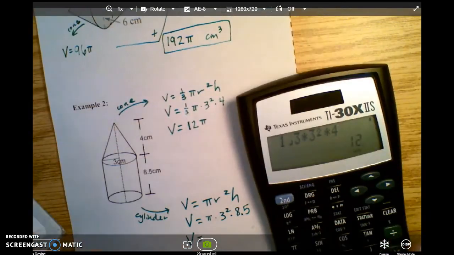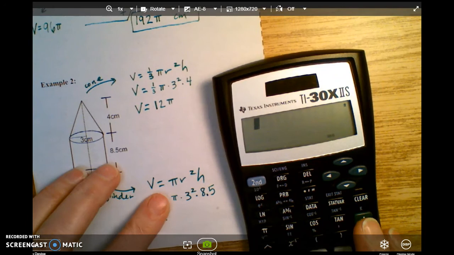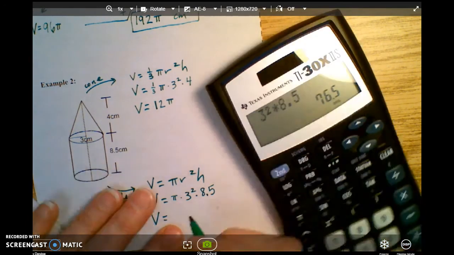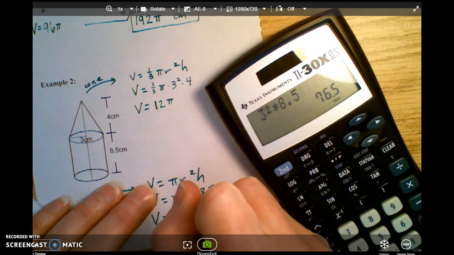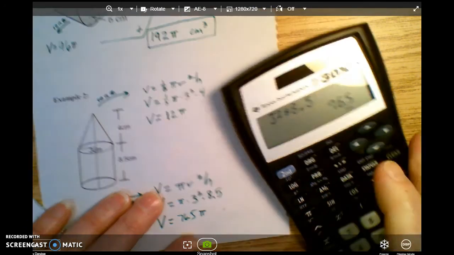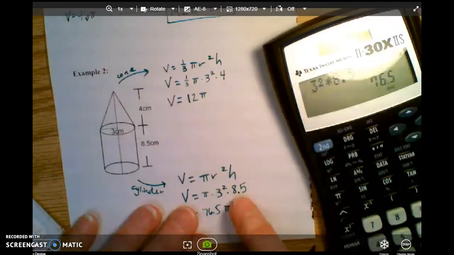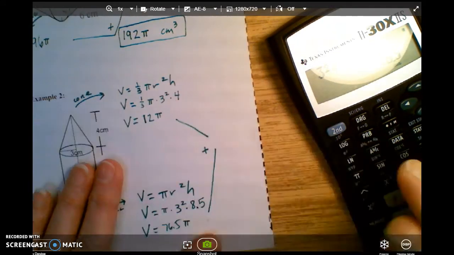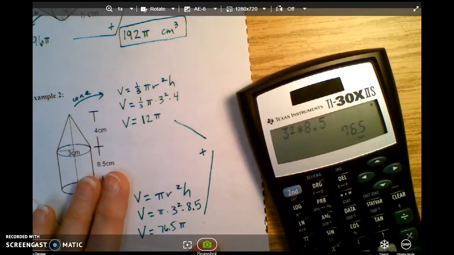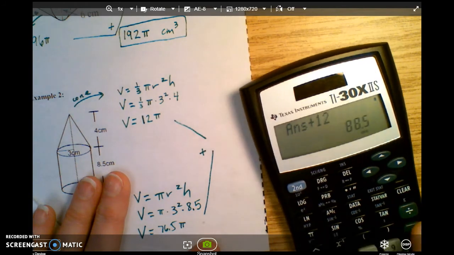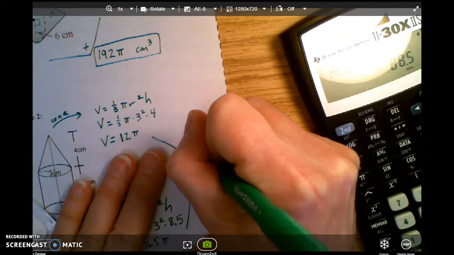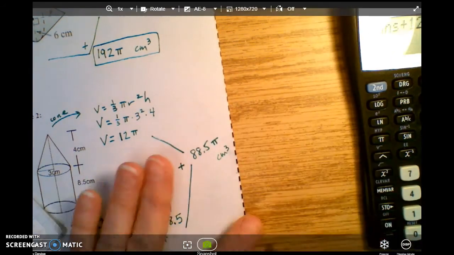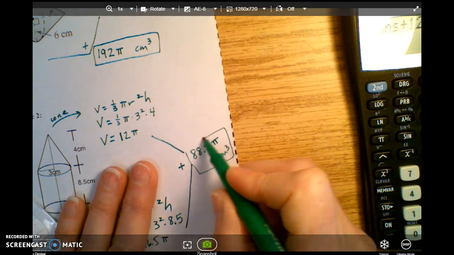And on the bottom, again, we're doing this in terms of pi, so we're just going to type in the numbers, 3 squared times the height, and I get 76.5. Because our ultimate goal was to get the volume of the two shapes combined together, we need to take these final answers for volume and add them together. So 76.5 plus our 12 is 88.5 pi. Our units were centimeters, so again, this is volume, so it's centimeters cubed for our final answer.